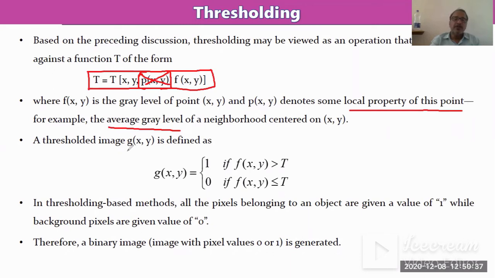Thresholding of image g(x,y) is represented as g(x,y) equals 1 if f(x,y) is greater than T, and 0 if f(x,y) is less than or equal to T. We already know this.